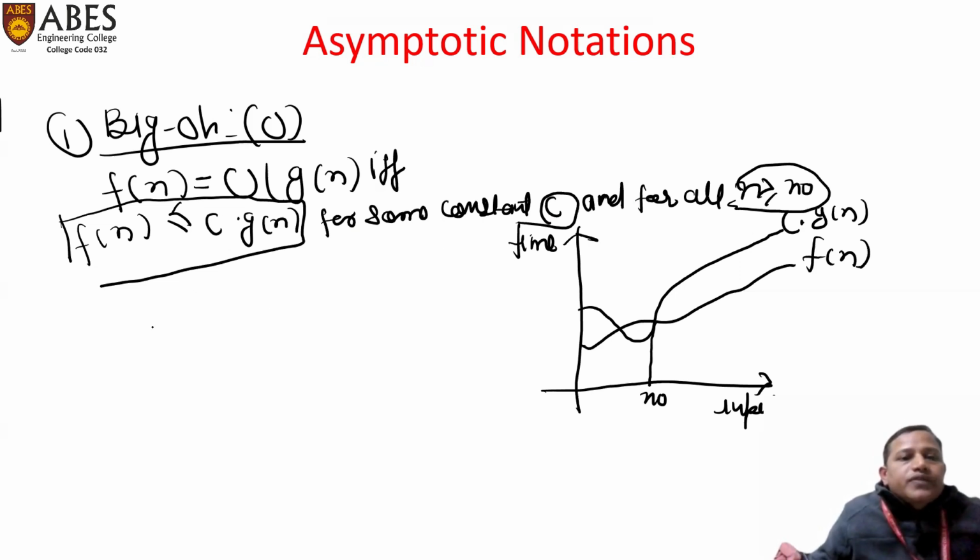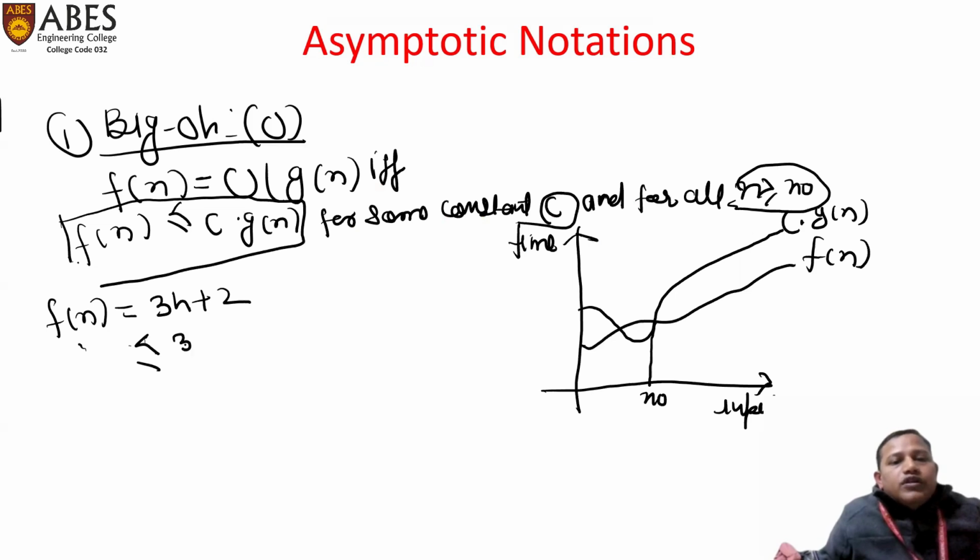For example, if there is a function f(n) equals 3n plus 2, then we can find the relation: f(n) is less than or equal to c into g(n), that is 3n plus 2 is less than or equal to 5n.